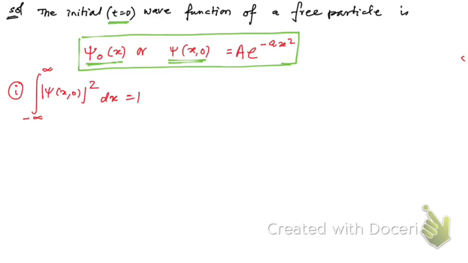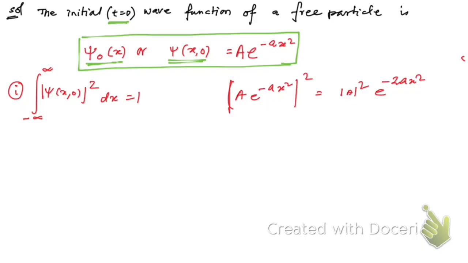So here you see, we don't have any imaginary term here, right? So that's why the mod square of this will be equal to mod of a square, then e to the power minus 2ax square. That's it, right? Hope you have understood this.